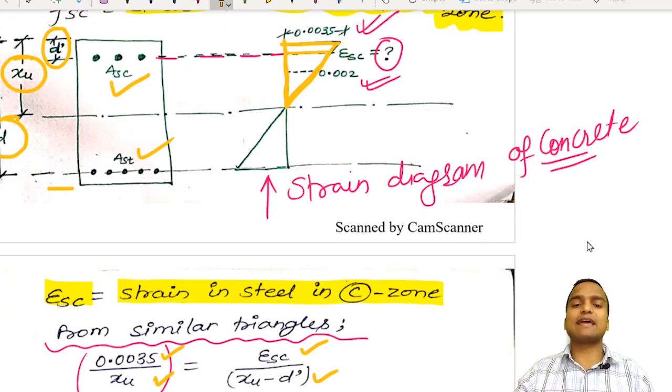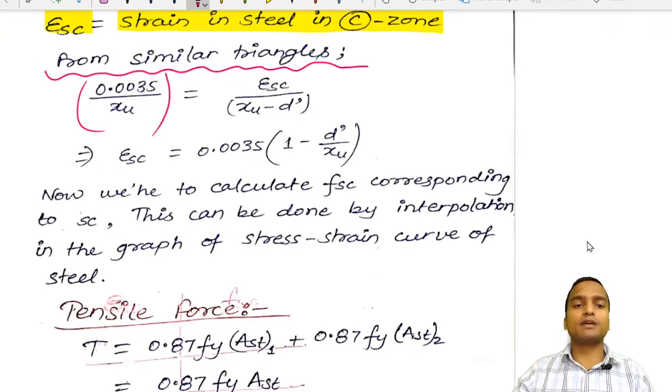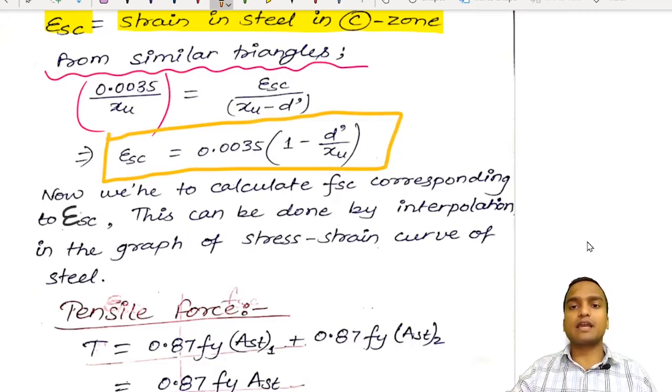This d dash is the value of the top clear cover. This should be clear to you. From here we get the value of epsilon SC. Everything is known here, and now we can easily calculate the value of FSC, which is the stress in steel in the compression zone corresponding to epsilon SC, the strain in steel in the compression zone.